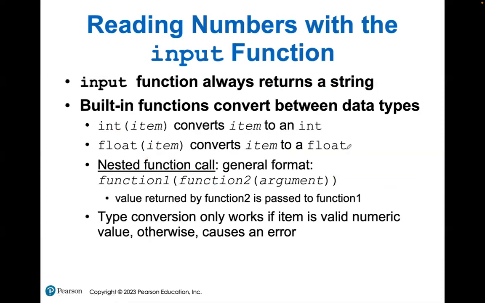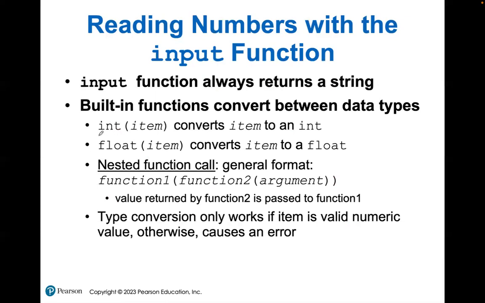The input function will always return a string to you. However, if you want to convert that data type to something different, for example, if you're asking the user to type a number, like their age, you do not want it to be a string because it is an integer. You want it to be an integer.